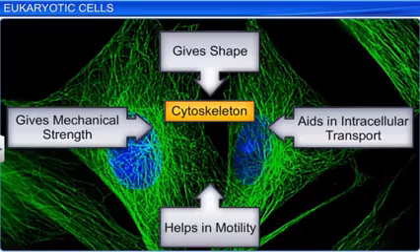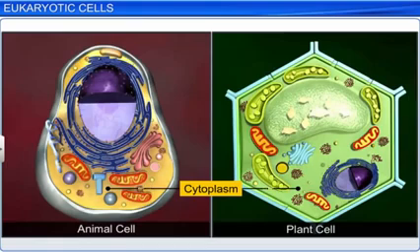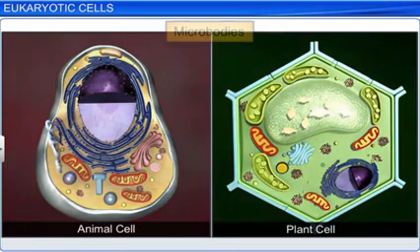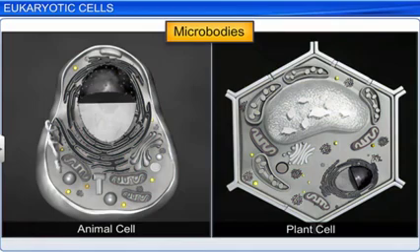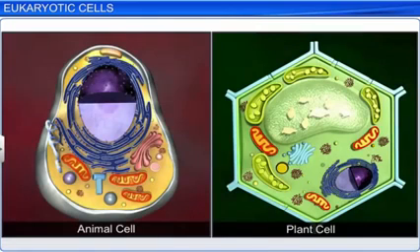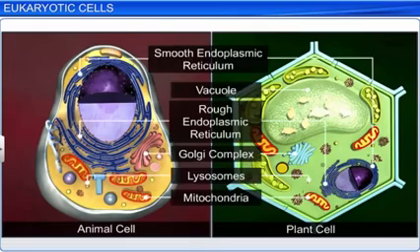The cytoplasm also contains numerous single membrane-bound minute vesicles called microbodies, which are filled with enzymes that aid in the synthesis of amino acids. Also embedded in the cytoplasm are several organelles or membrane-bound structures which lead to its extensive compartmentalization.